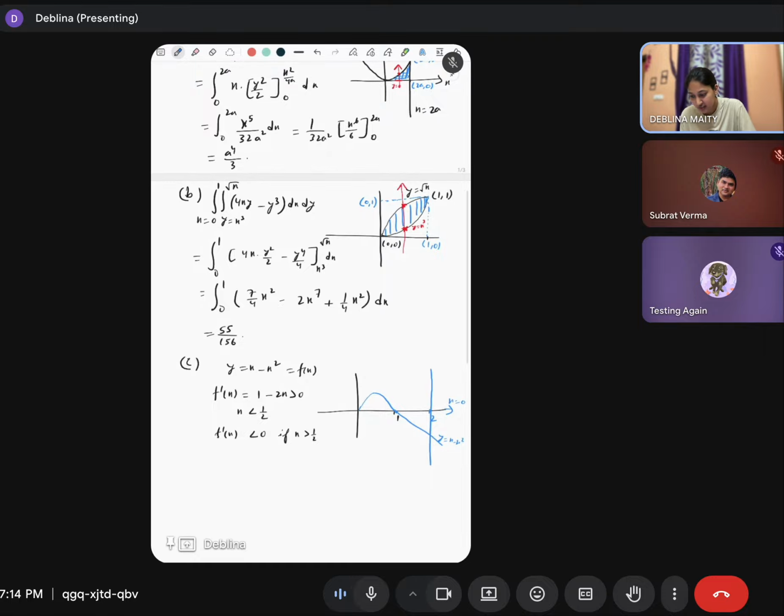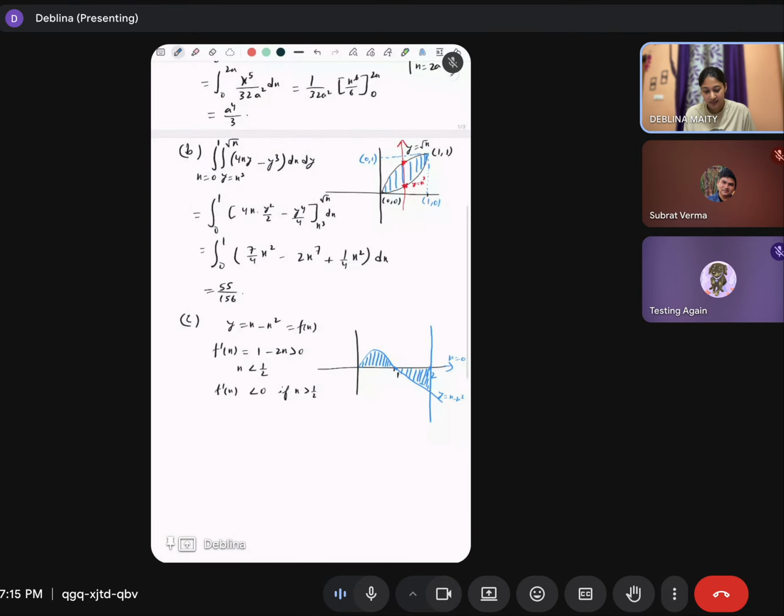So the region is what? The region is this portion. So D is this region.